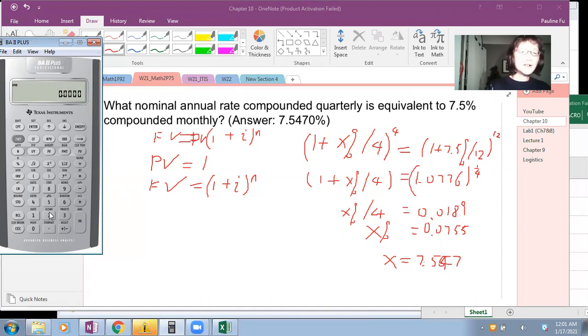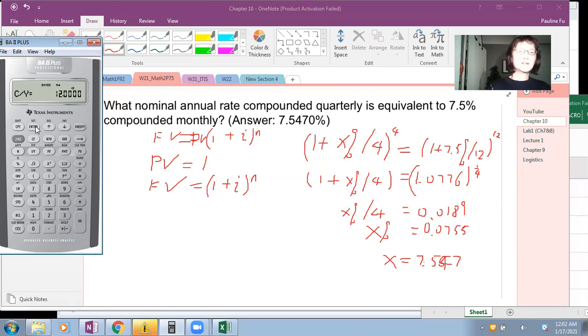ICONV, this button here, ICONV. And then you have a nominal rate, type in 7.5 and press enter. Okay, now use this up arrow key, CY, so 7.5 compounded monthly, you type in 12, enter.